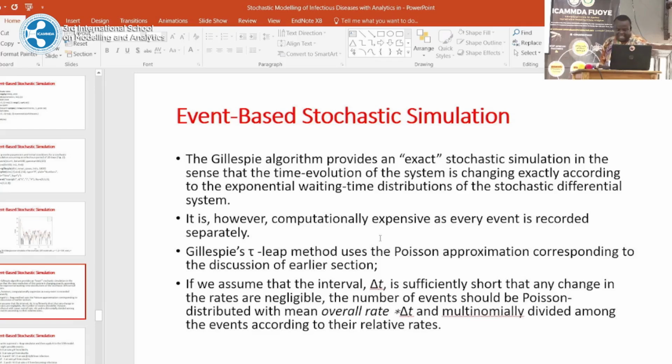If you assume that the interval between T1 and T0 is sufficiently short that any change in the rates is negligible, they are very small, then the number of events should be Poisson. If you assume the time between somebody being infected and infecting somebody is very short, then we should be looking at a Poisson distribution.